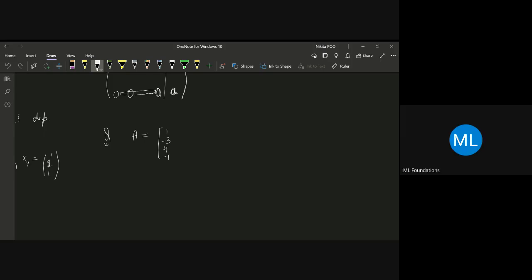But can you do it without going for the column space of A transpose?